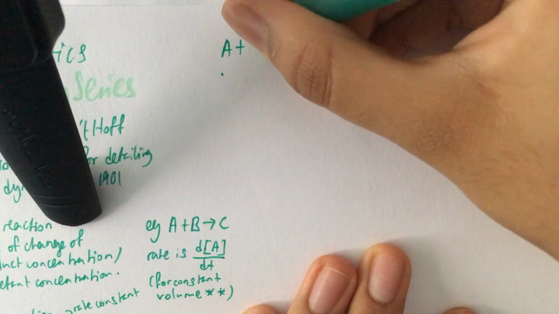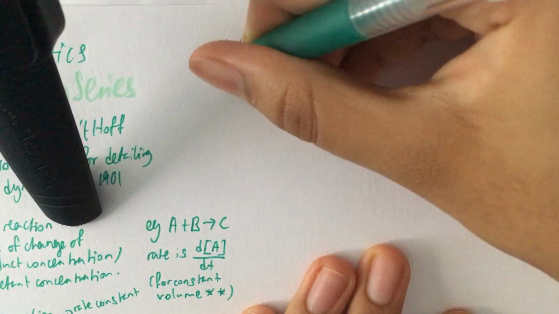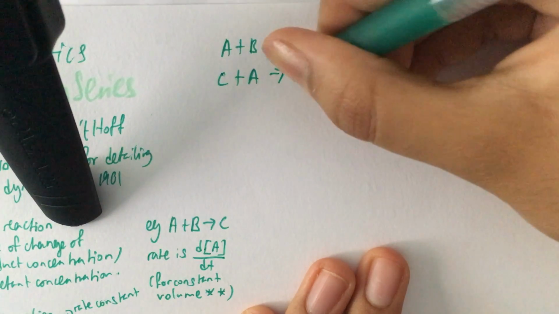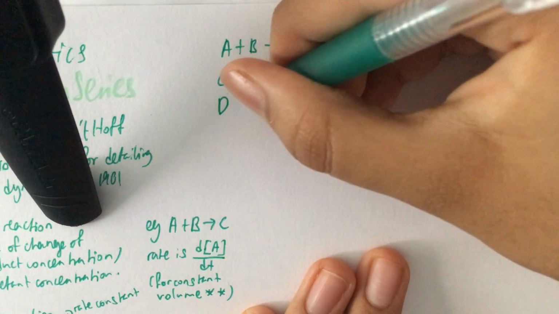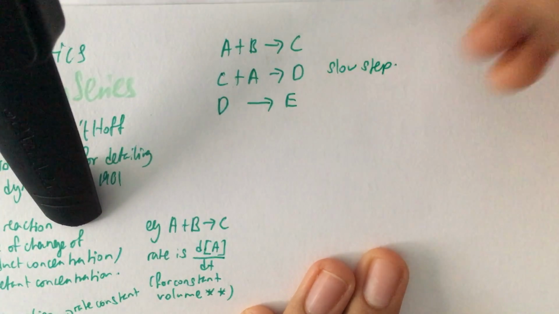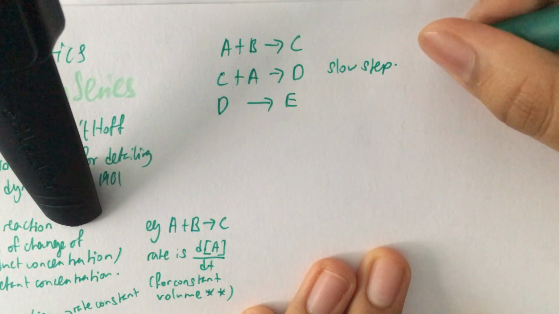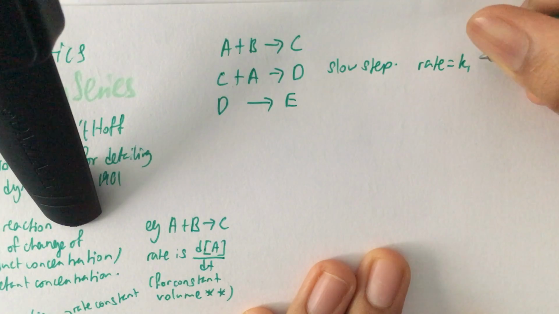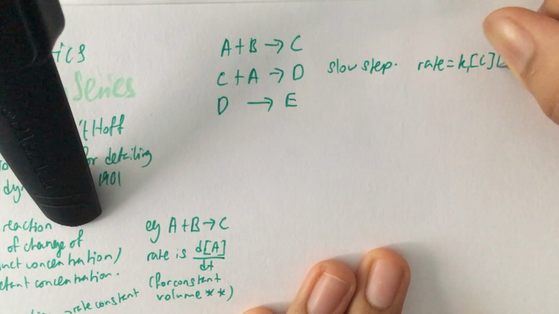If you have 3 equations, for example, and the second one is the slow step, you first write a rate equation for that step, assuming it is first order with regards to each reactant, because we already broke it down into elementary steps.